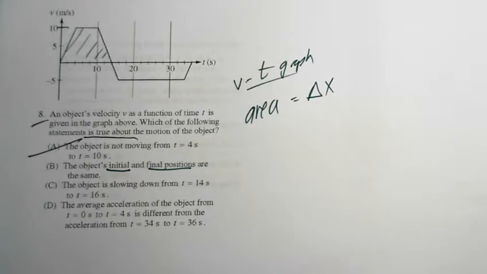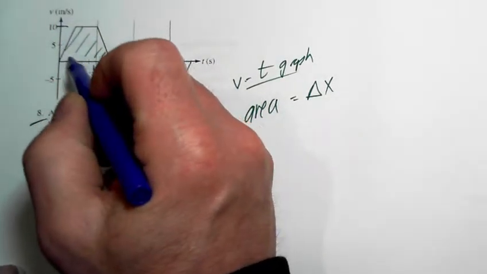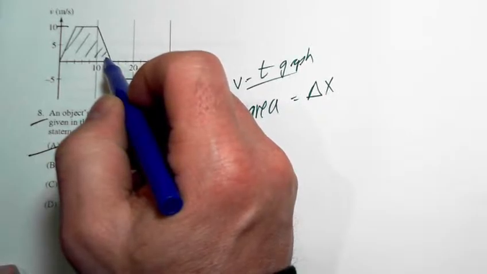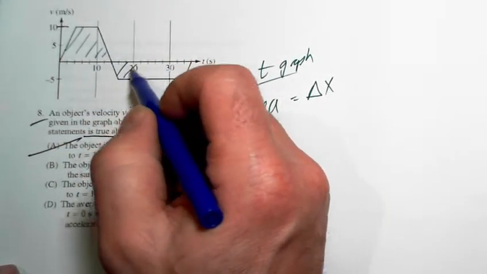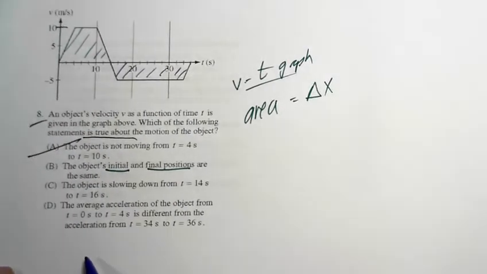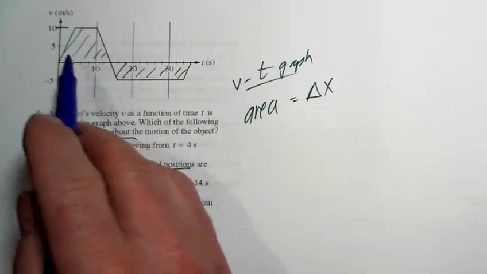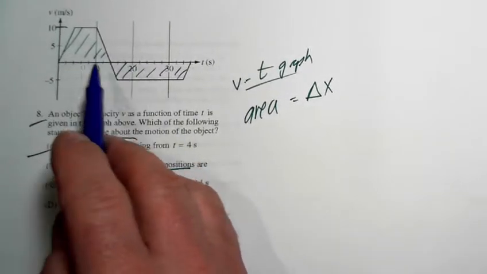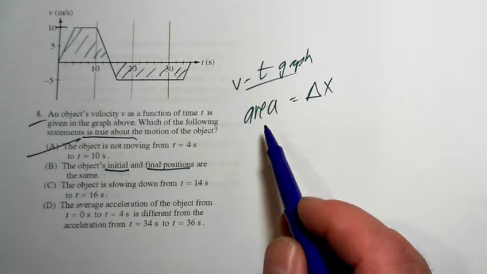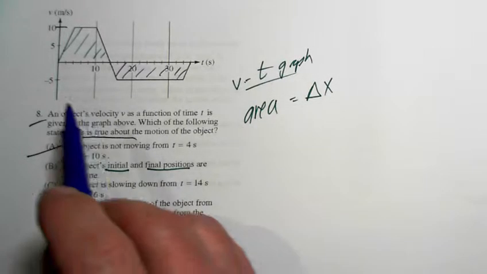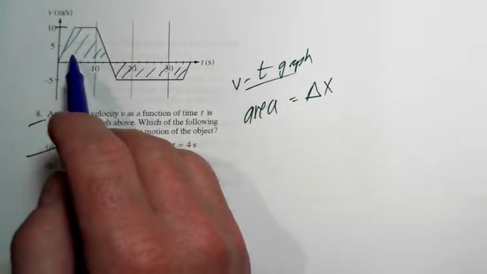What I see is some positive displacement, motion in the positive direction, followed by motion in the negative direction, and I frankly cannot tell at a glance whether those are the same or not. And I'm asking myself, wow, this looks a little bit tedious.